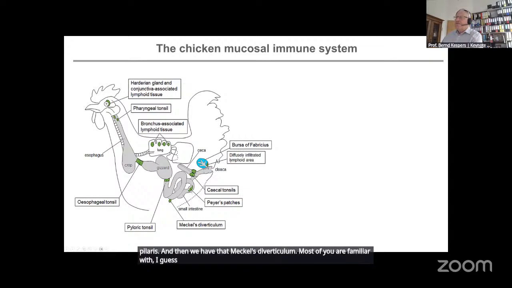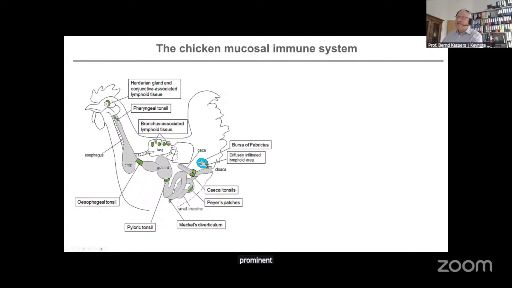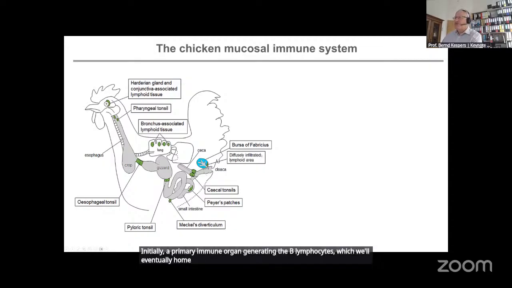We find Peyer's patches and, most prominent, these cecal tonsils at the junction of the ileum and the ceca in the birds on both sides. And finally, there's the bursa fabricius. Again, this is initially a primary immune organ generating the B lymphocytes, which will eventually home to different structures in the gut.